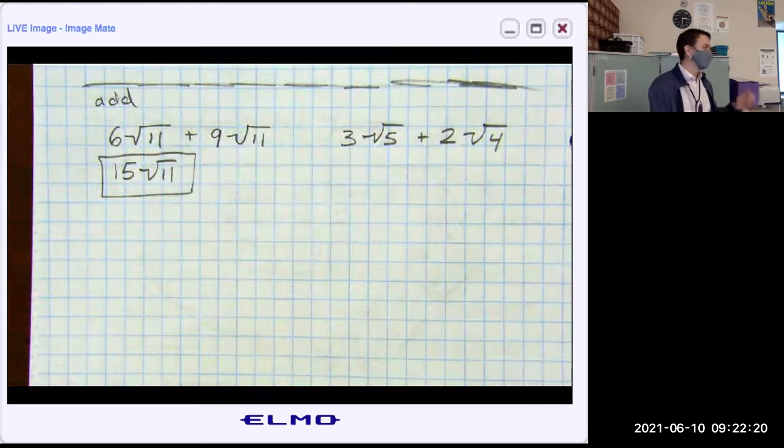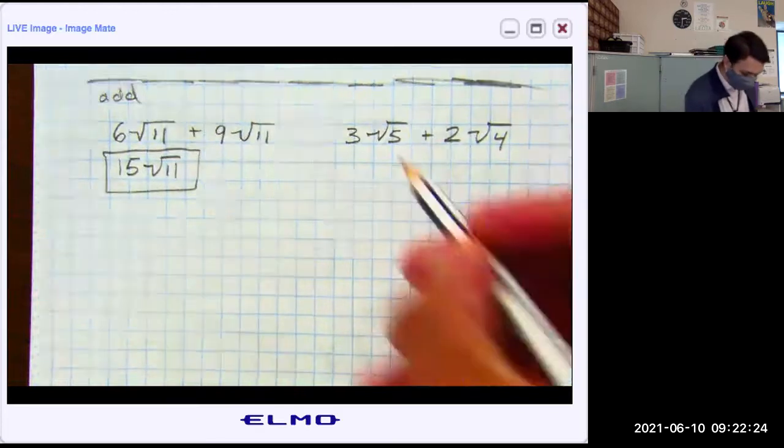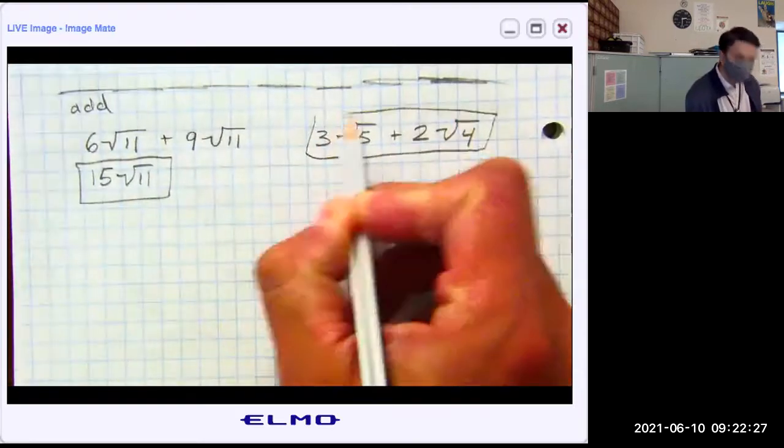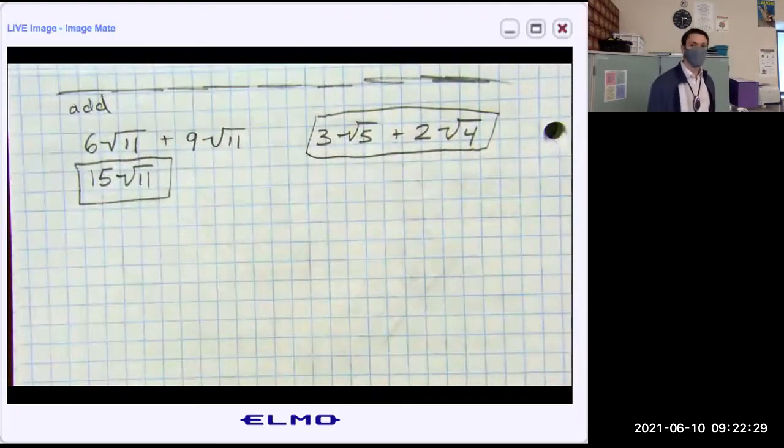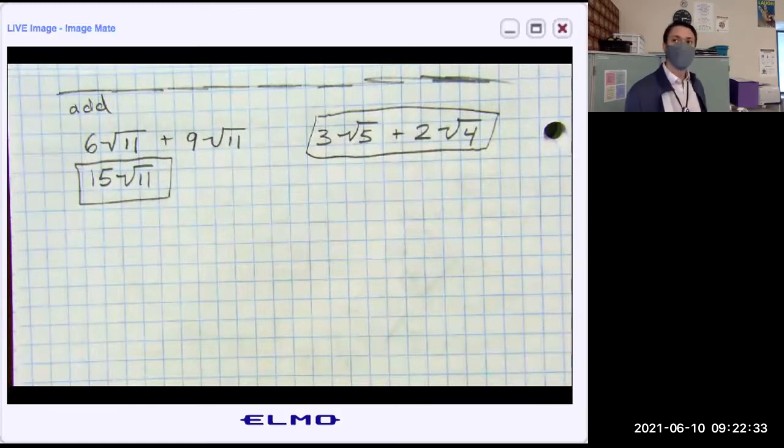Or if you want to think about the variables, 3 times x plus 2 times y. You can't add them, they're already done. You can only add them if the radicand is the same. If it's not, then you can't do anything. You just have to leave it like that. They're not like terms. They're not the same thing.